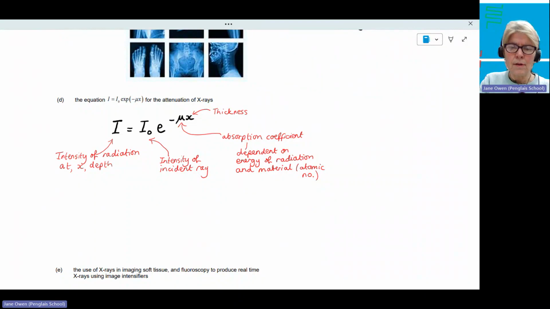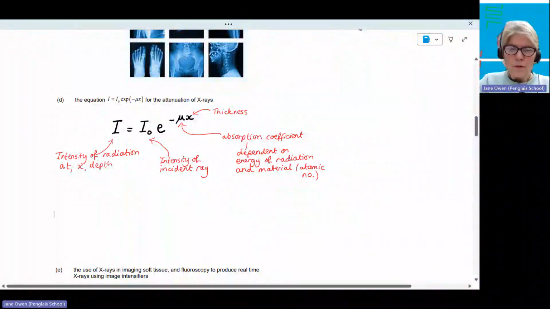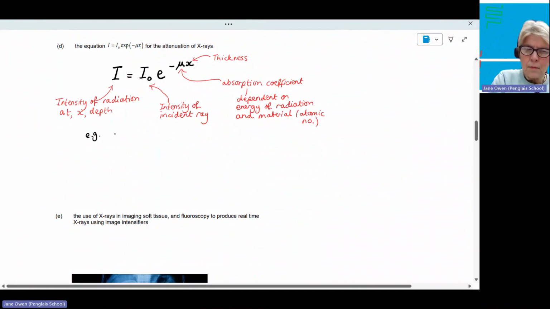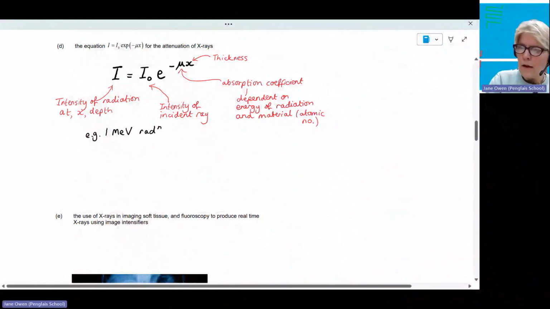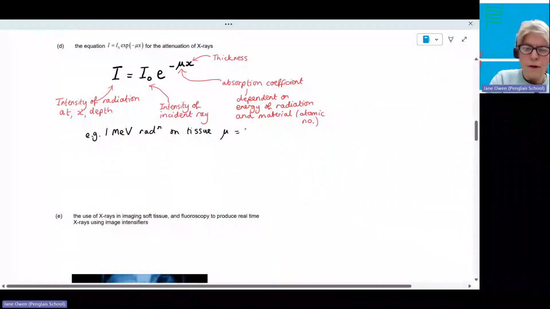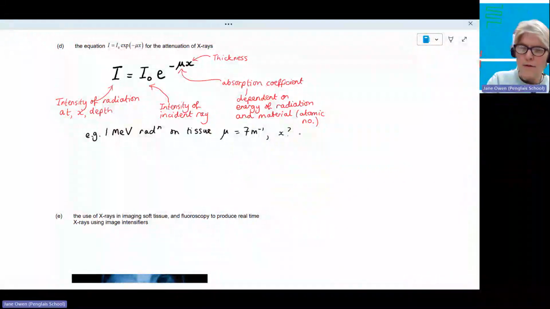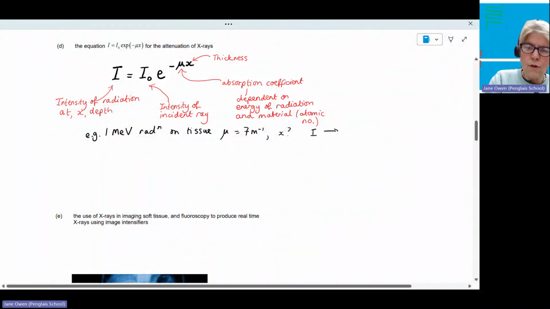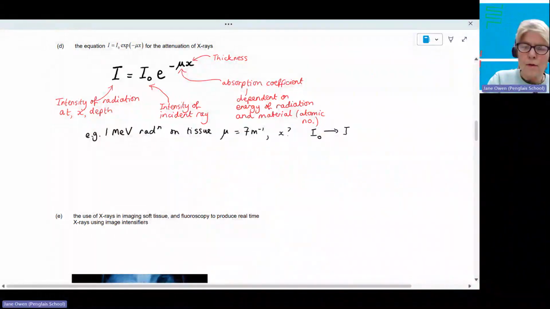That's dependent on the energy of radiation and the material itself, the atomic number. For example, 1 mega electron volts of radiation on tissue with an absorption coefficient of 7 per meter, and we have to calculate what x is for the intensity to reduce by half, so that it goes from I0 to I0 divided by 2.